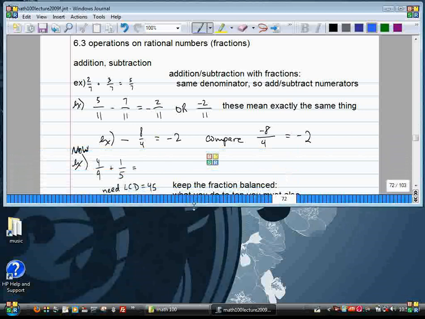Now, how do you use the LCD to go ahead and solve this problem? So what happens to the first fraction? Right. So I'm going to write it out real slow. We want the bottom to be 45, so we're going to multiply by 5. But we have to balance that. So how do we keep it balanced? Also do times 5 on the top.